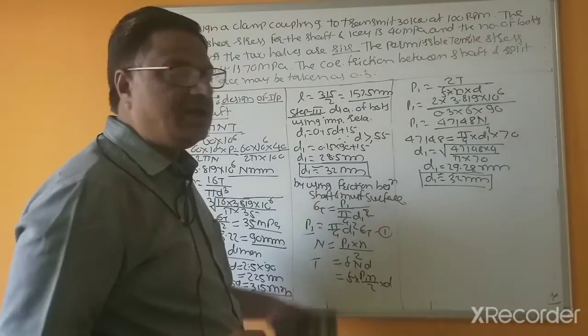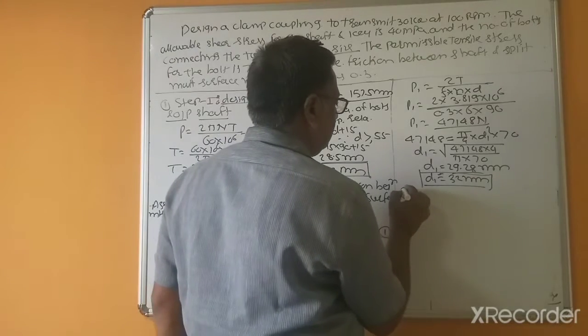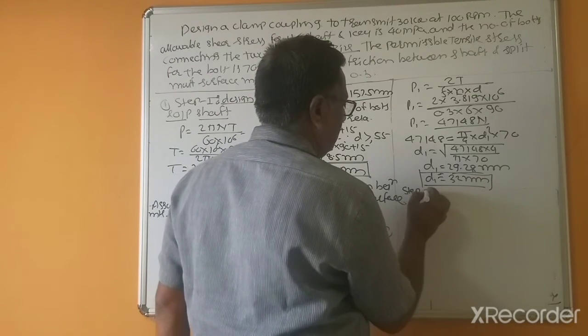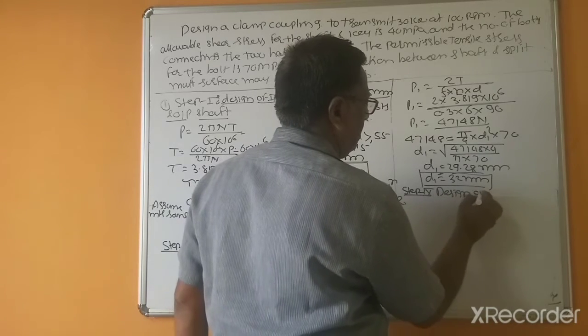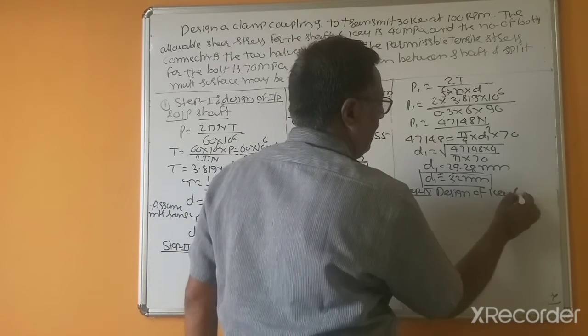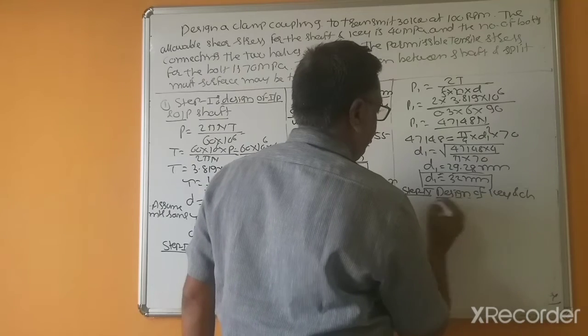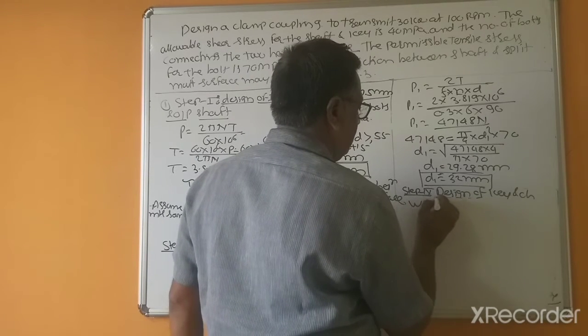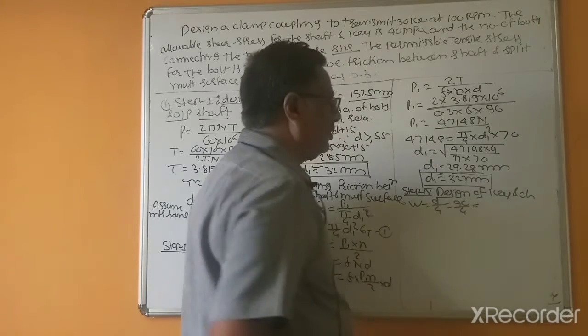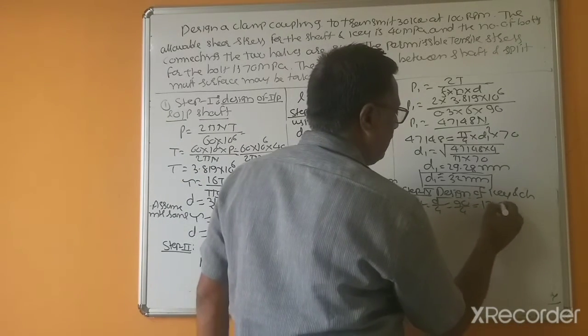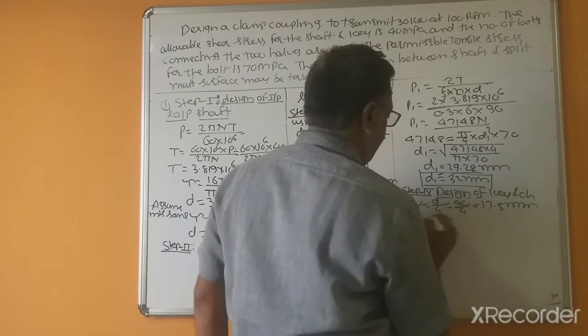And for checking purposes, step 4, design of key and checking. Width equal to d by 4, 90 by 4, and this is 22.5 mm.